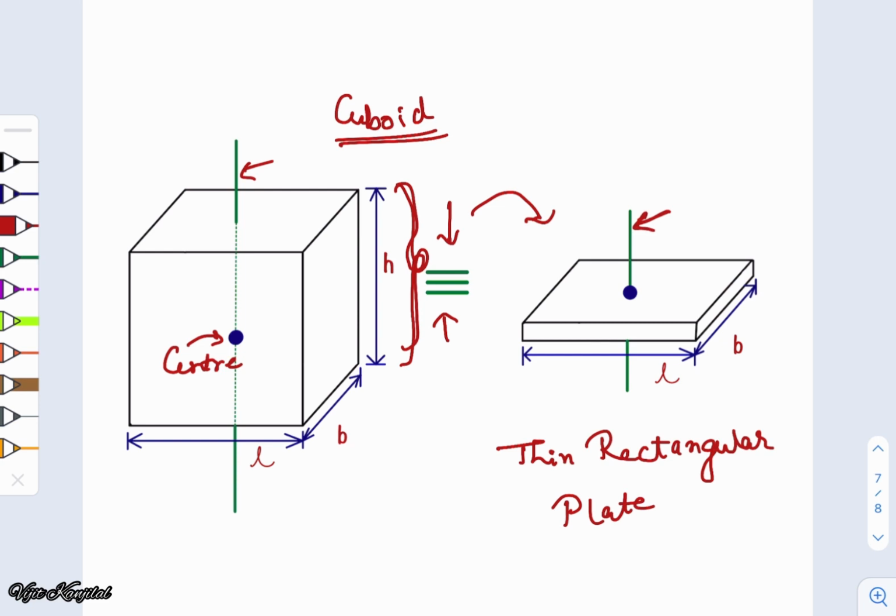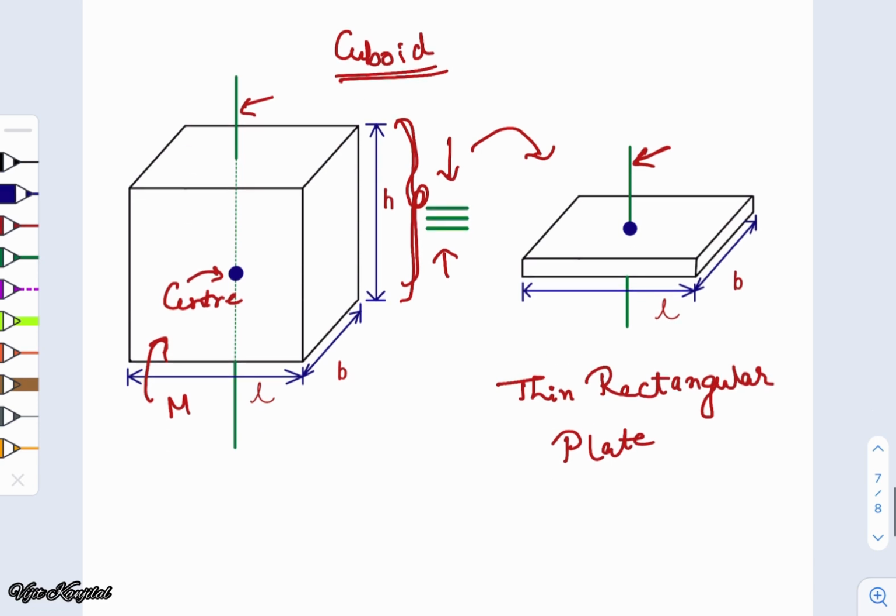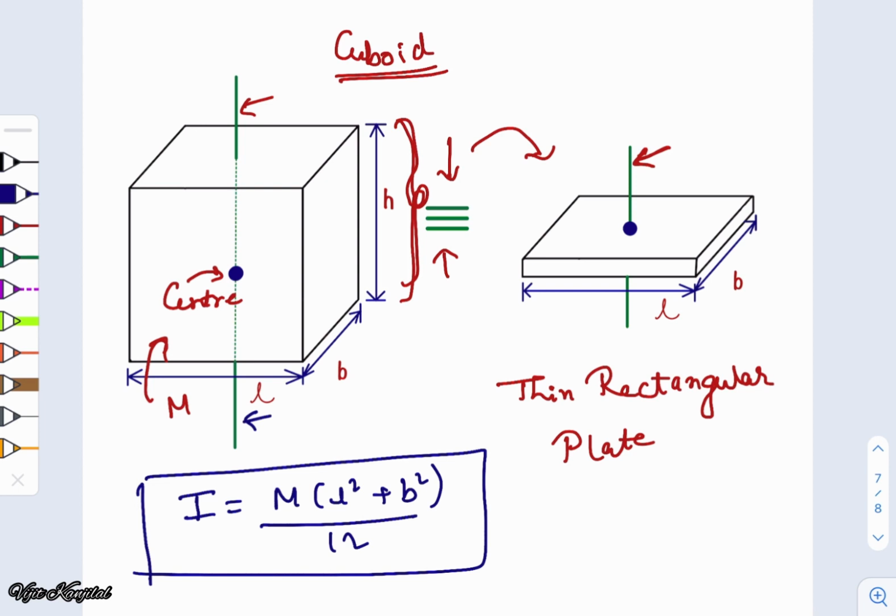So if the mass of this cuboid is m, the moment of inertia of this cuboid with respect to this particular axis would be simply m times L square plus b square by 12. That is, the moment of inertia of this cuboid would be the same as the moment of inertia of this thin rectangular plate. So this was pretty simple and easy. So that's the strength of the perpendicular axis theorem and understanding the concepts in a smart manner.